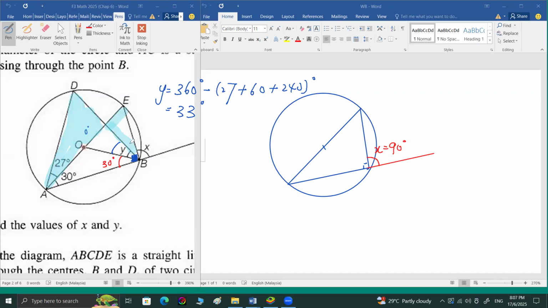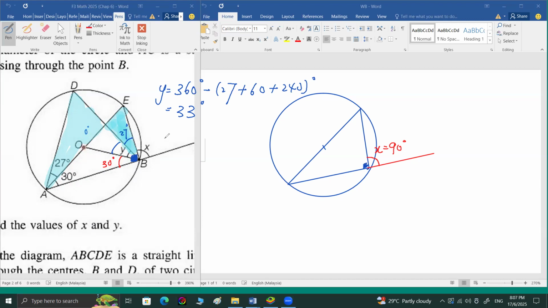For this butterfly, class, it is for you to get this angle. Can any of you tell me what the angle here is? Yes, 27. And just now I said this one is 90, right? See? 90.